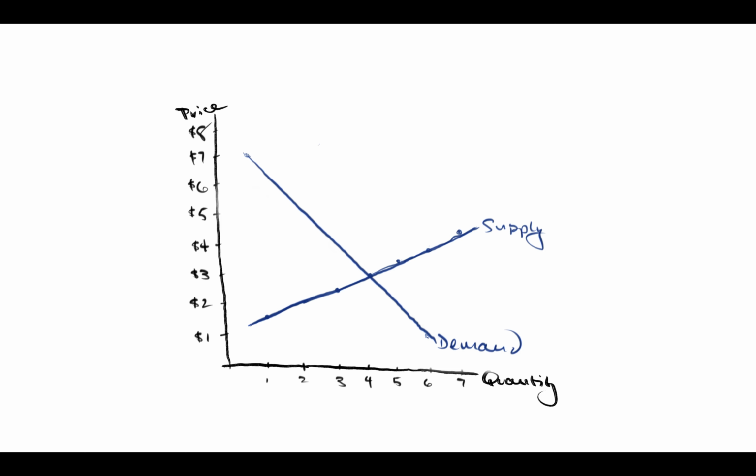An equilibrium is kind of what we predict would happen in this market if it were given some time to settle down. And an equilibrium will be a price and an amount sold where there's no pressure for the price to go up, price to go down, quantity to go up or down. There's no pressure for anything to change. That is an equilibrium.